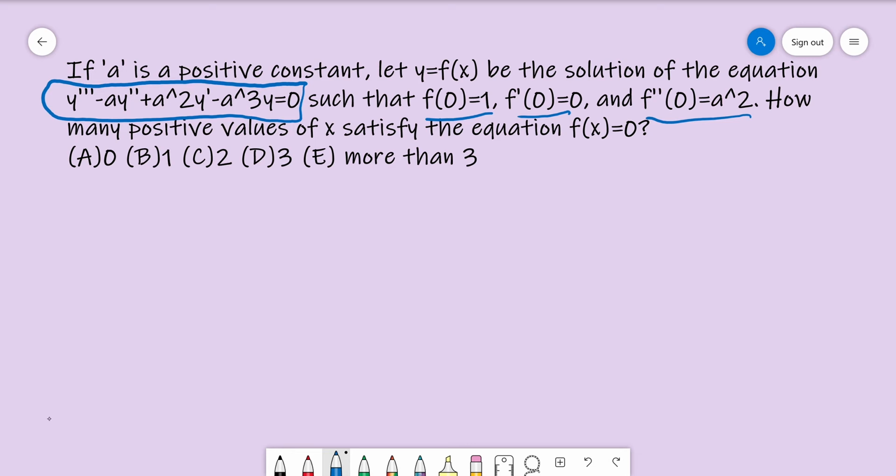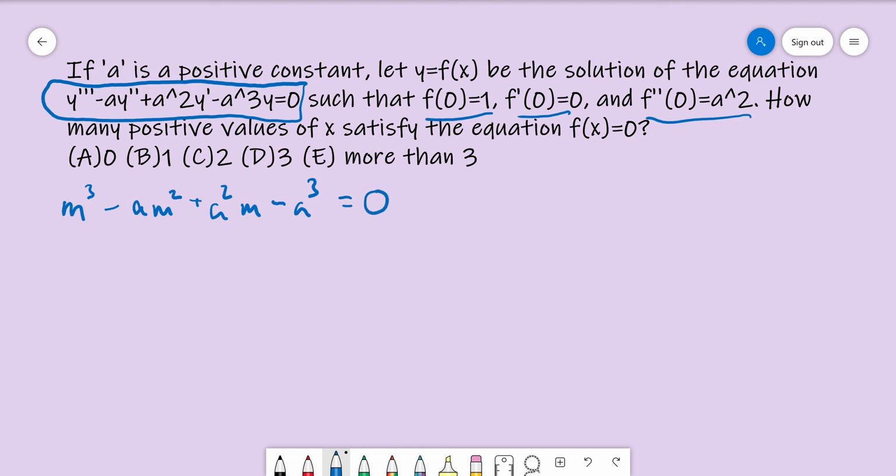So for example here, our auxiliary equation would be m cubed minus a m squared plus a squared m minus a cubed all equal to 0.